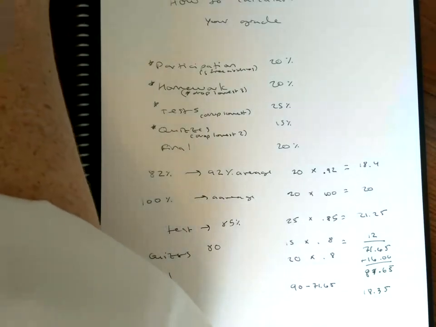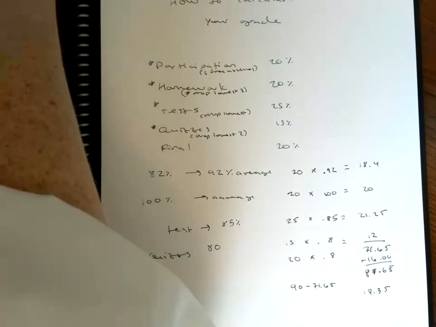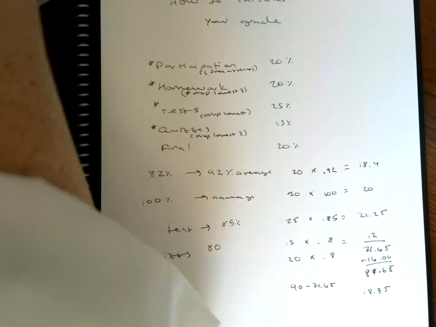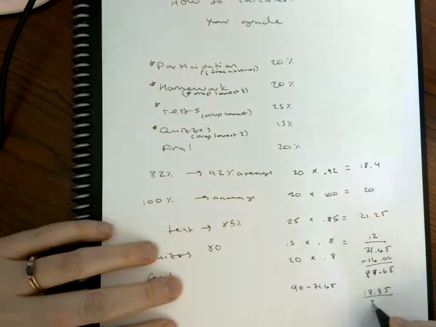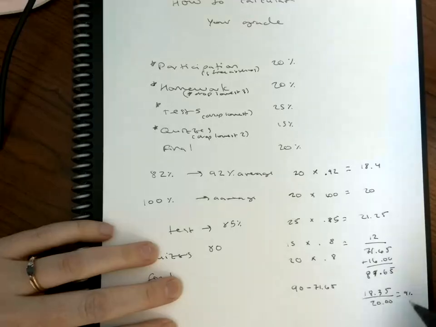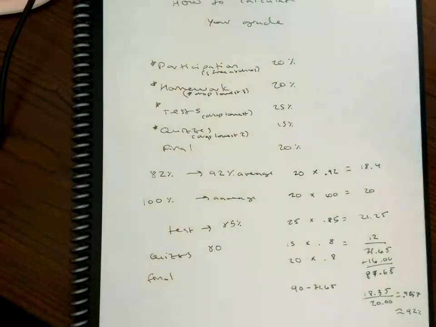So that would be equal to, you'd need to get a 91. You basically say, what is the percent of that? It would be 0.9157. So they need to get about a 92% on the final to be able to get an A in the class.